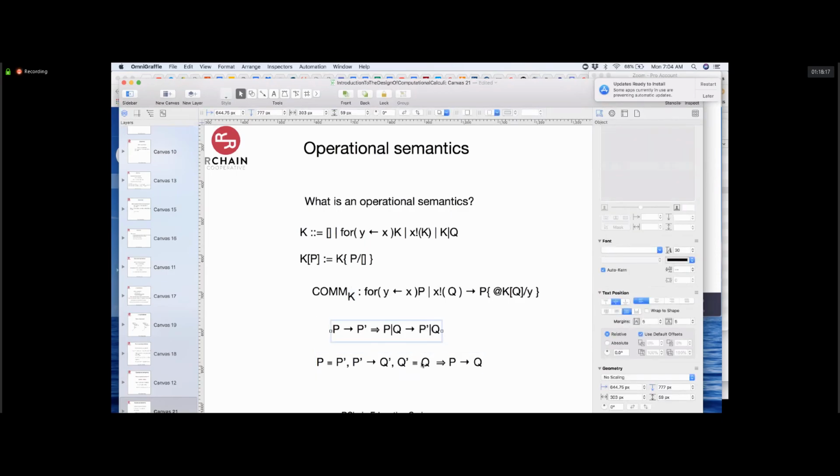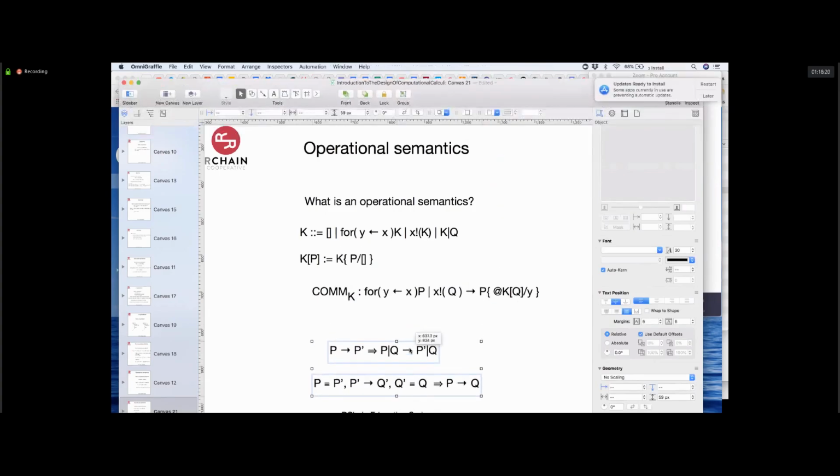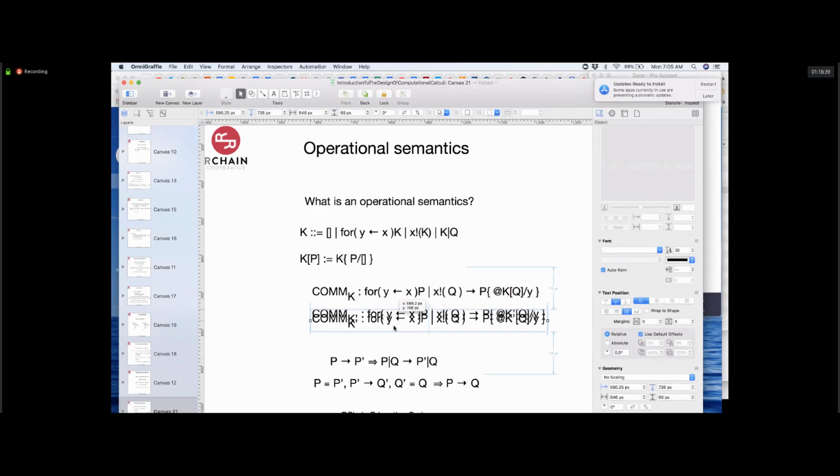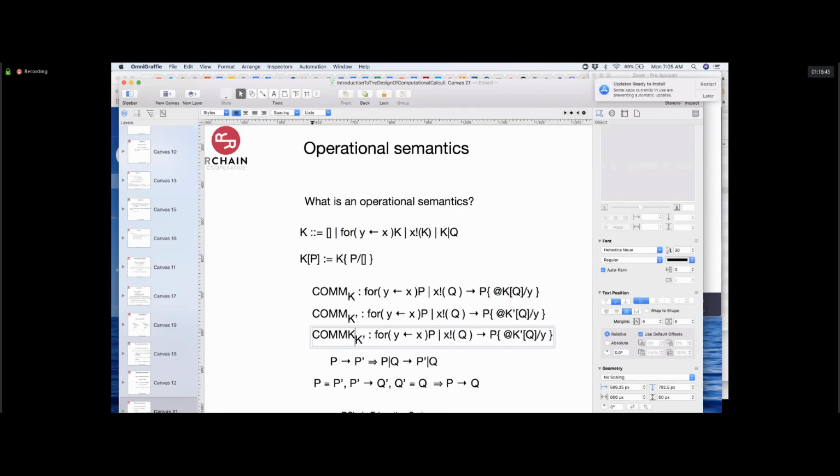Notice that if I have a COM k and a COM k prime, so remember there are infinitely many of these rules, then I can define a new rule, which is the composition of the two rules. So I can compose k with k prime, right?